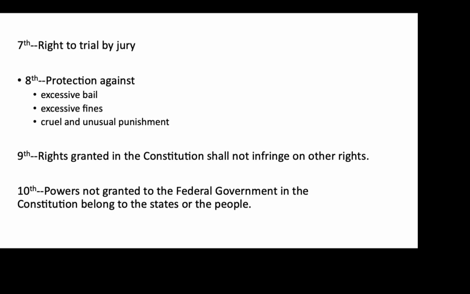The 8th Amendment is against excessive fines and cruel and unusual punishment. Now in America, it's a stagnant bail, which means Jeff Bezos pays the same amount for a speeding ticket as you pay. In Europe, specifically in Italy, they base your fines on how much money you make.